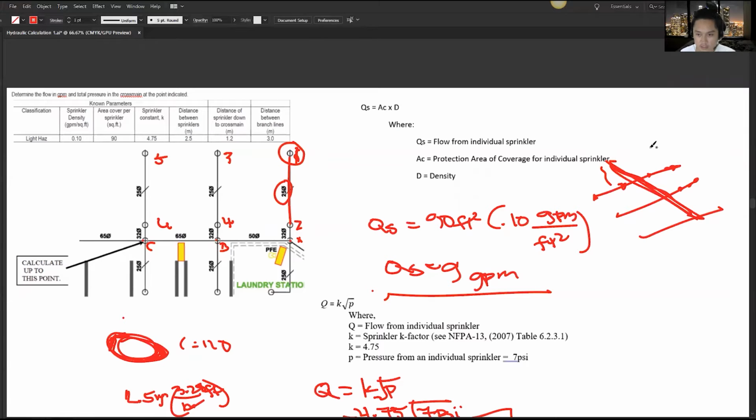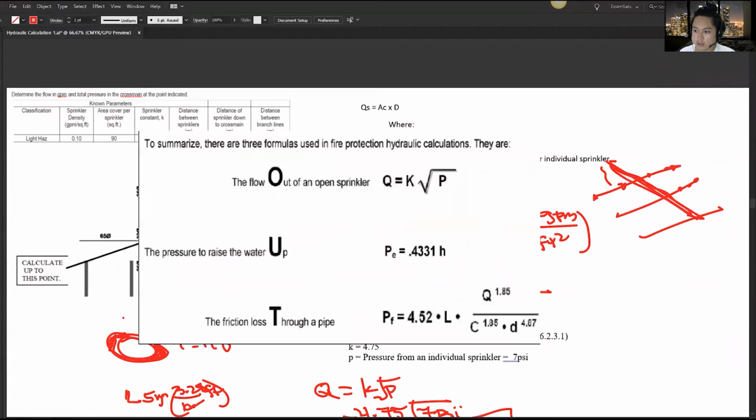So that's our assumption. Otherwise, if we're assuming that there's an elevation, then we can use the formula, this one, to raise up the water, 0.4331 times the height. But our assumption is that there won't be any elevation in our problem. It's not given anyway.